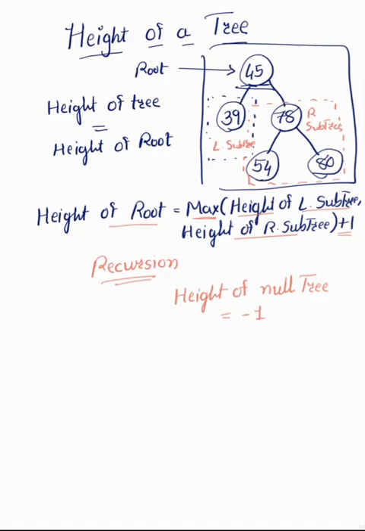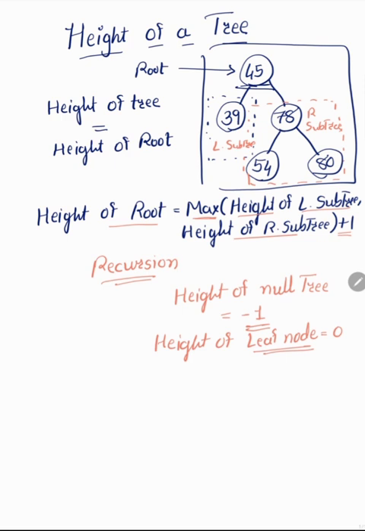Many people use a convention where they consider the height of a null tree as 0. Here I am using the height of a null tree as -1. And if the height of a null tree is -1, then the height of a leaf node would be 0. Why? Because -1 plus 1 is 0.